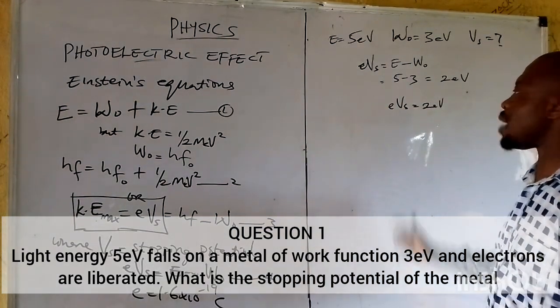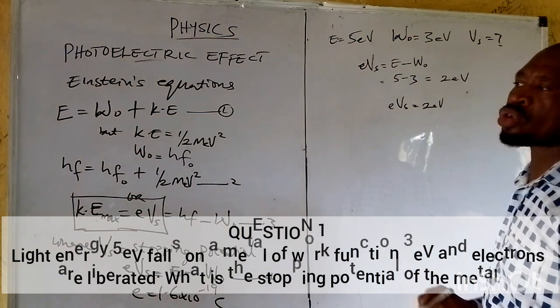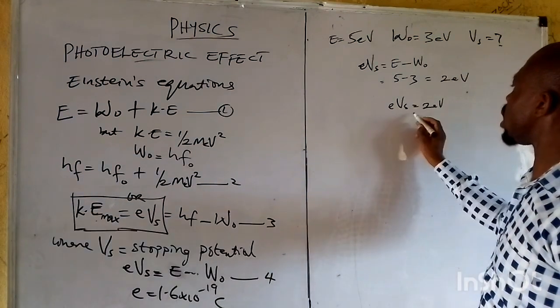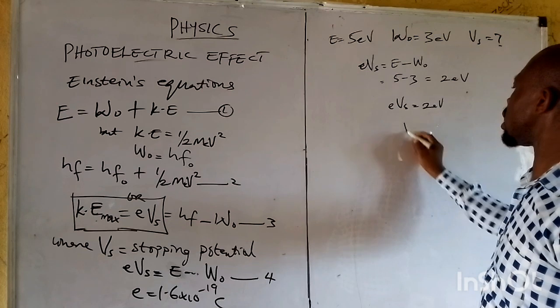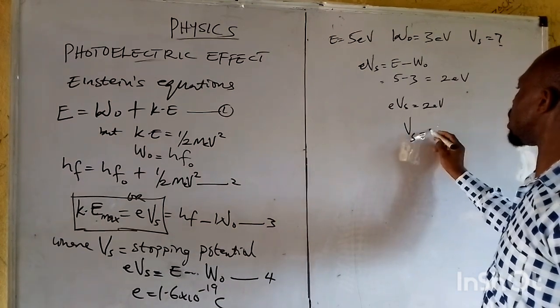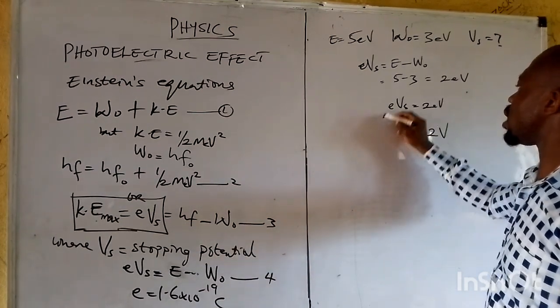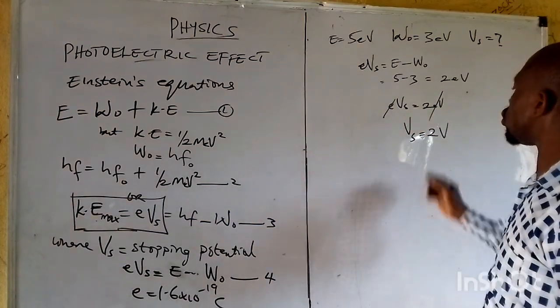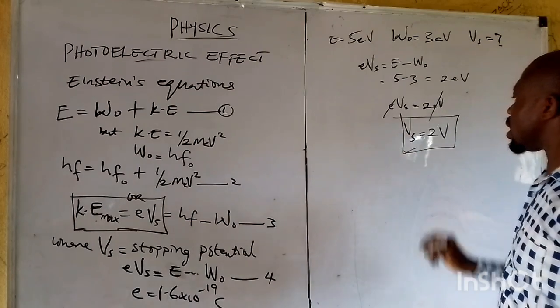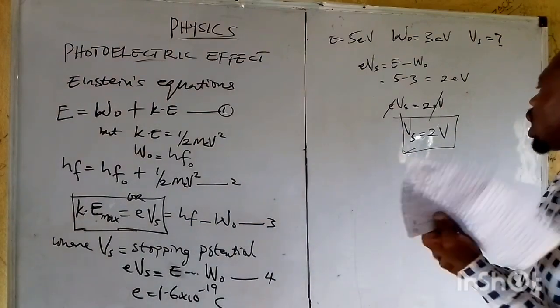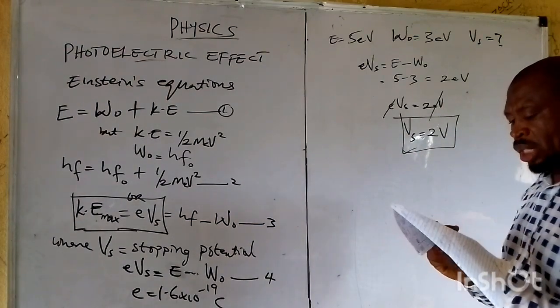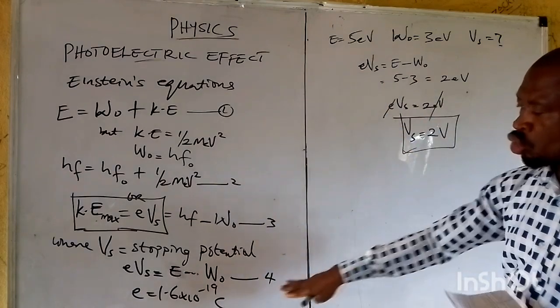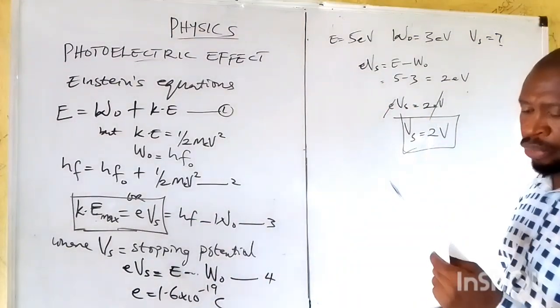Now divide both sides by 1 electron volt. If we do that, we have that V sub S, the stopping potential, is 2 volts. JAMB does not joke with this problem.